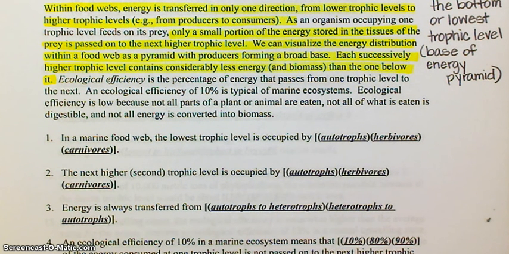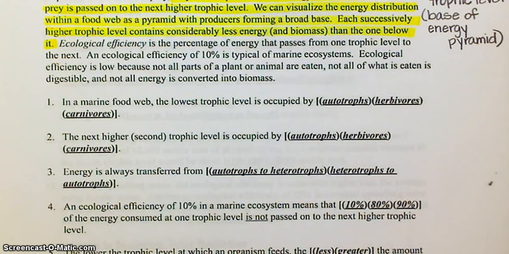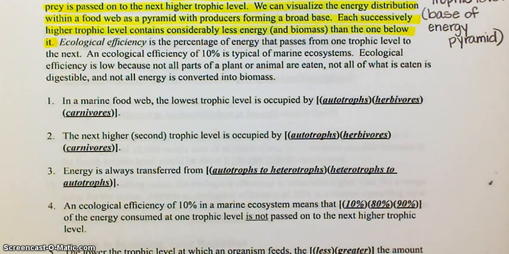So highlight or circle autotrophs. Number 2, the next higher or second trophic level is going to be the organisms that feed directly on autotrophs. The things that feed on autotrophs, feed on producers, are your herbivores. Okay? Herbivores eat plants, or if it's a marine ecosystem, herbivores will eat phytoplankton. So number 2 should be herbivores.